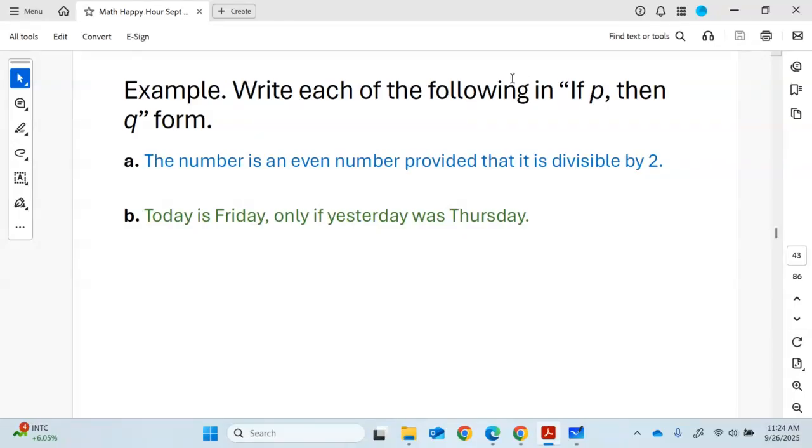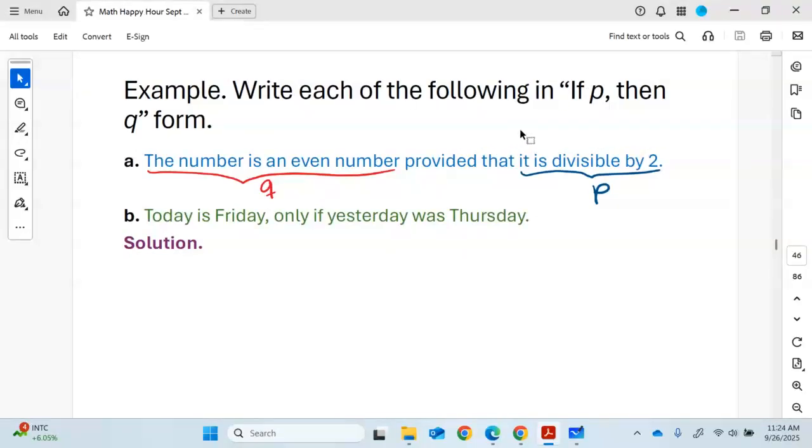So to write it using if and then, let me give you the solution for that one. I need to identify which one is the antecedent and which one is the consequent. So when the provided part is used, the antecedent is at the end of the statement. So that part is my P, and the conclusion is going to be the number is an even number.